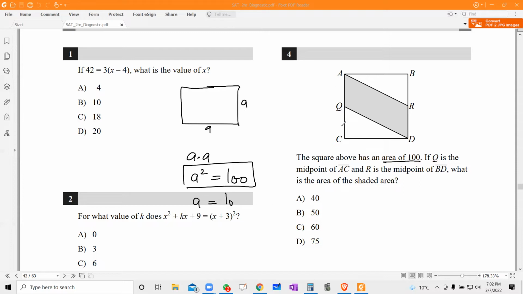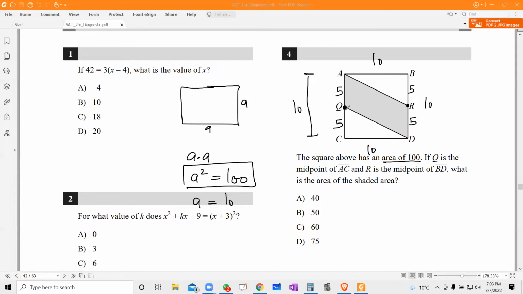So if A is 10, that means all the sides are 10. This is 10, this is 10, this is 10, and this is 10. Now, if this is 10, isn't Q the midpoint? How much will be AQ? 5. And QC? 5. And how much will be BR, because R is the midpoint? 5. And RD? 5. Great.